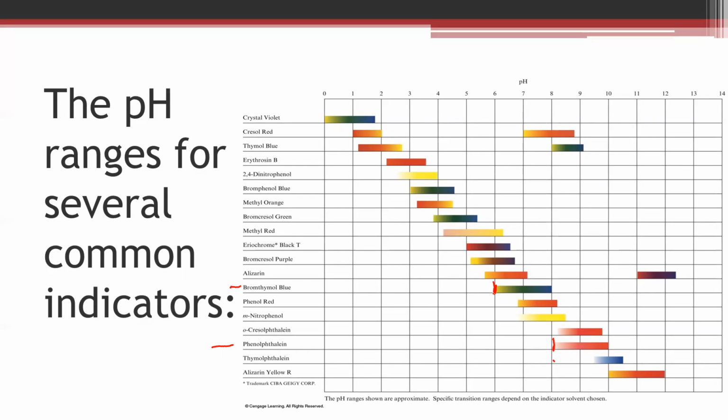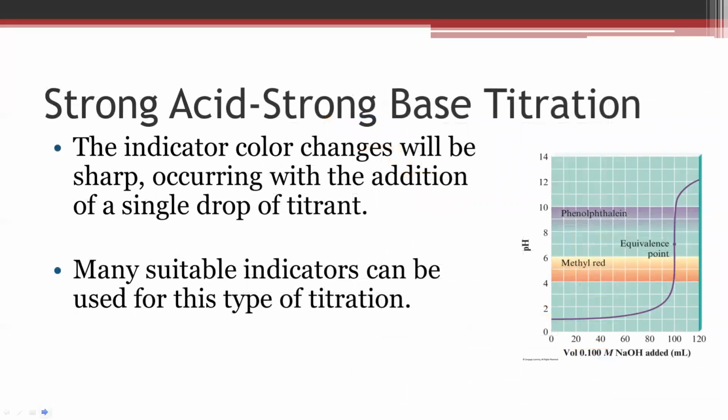So these ranges are important for when you're going to choose what indicator you want to use with a titration, especially if you're not going to use a pH meter. When you're choosing your indicator, you want to pick a titration indicator whose endpoint, when it starts to change color, will be as close as possible to your equivalence point.